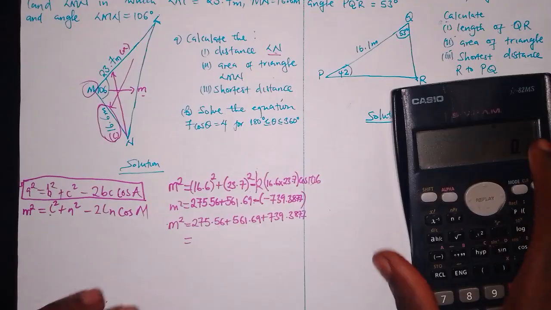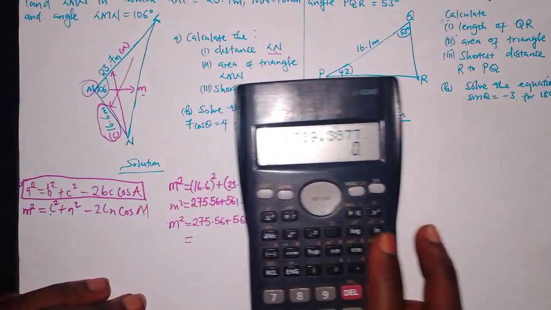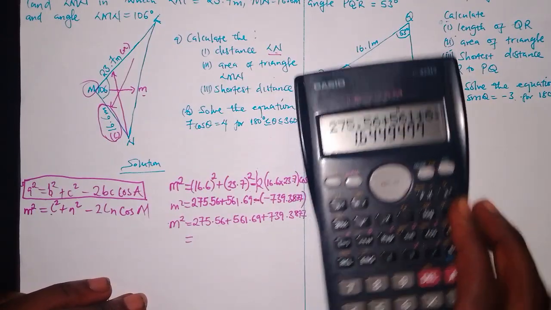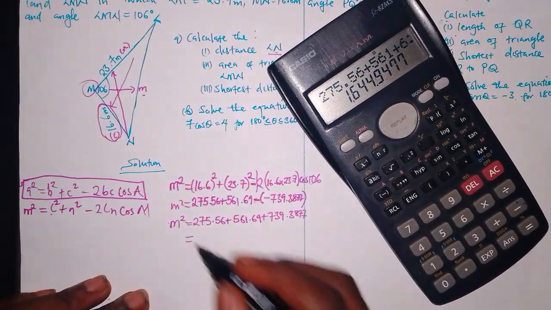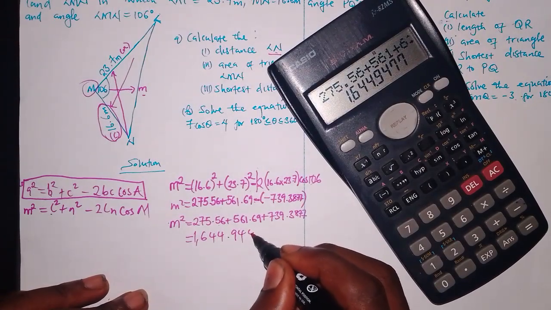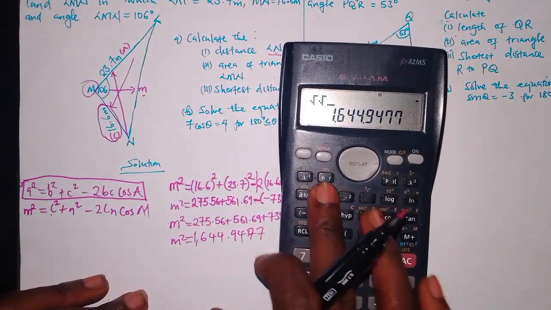So if you add this on the calculator, 275.56 plus 561.69 plus 739.3877, we are getting 1644.94. So we are getting 1644.9477.